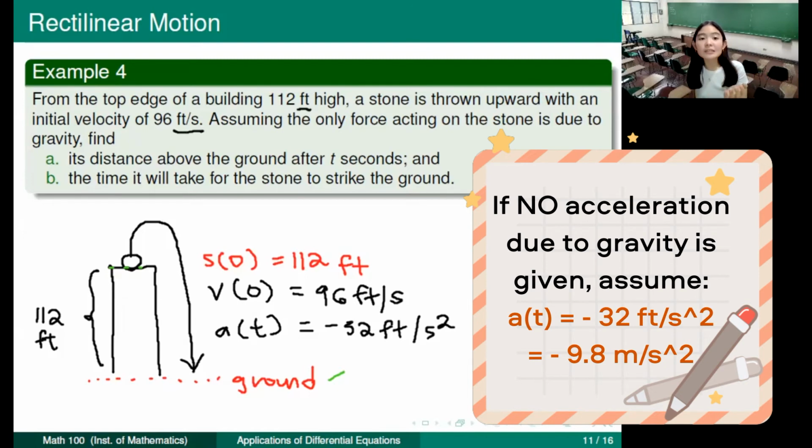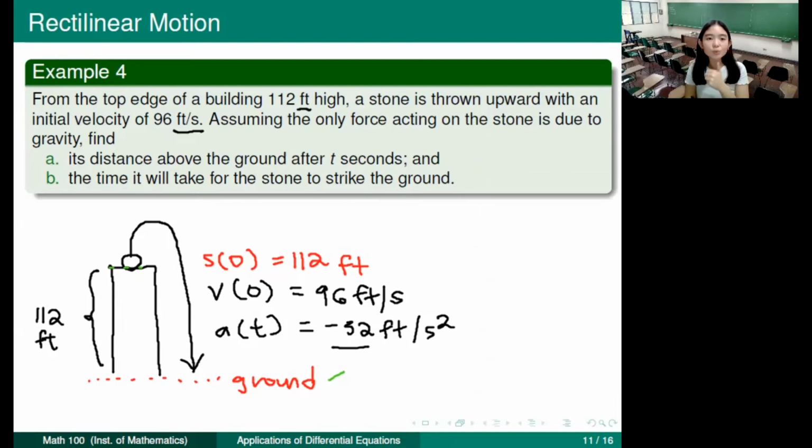Dito naka-feet, so yung standard na acceleration due to gravity natin ay negative 32. Kapag, for example, naka-meters, okay, yung standard na acceleration due to gravity natin ay negative 9.8 meters per second squared. But here, we will be using negative 32. Okay, so we've laid out, in fact, all our conditions.